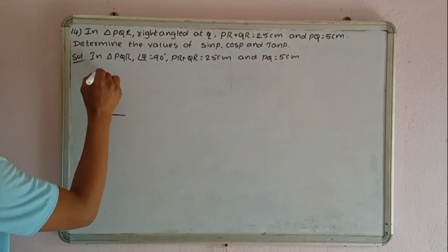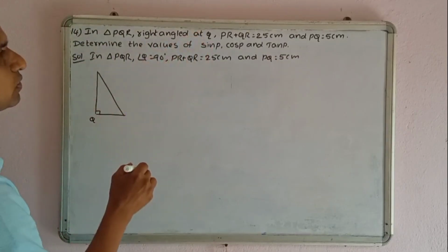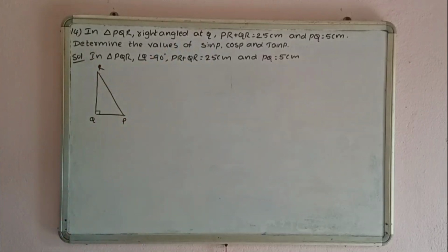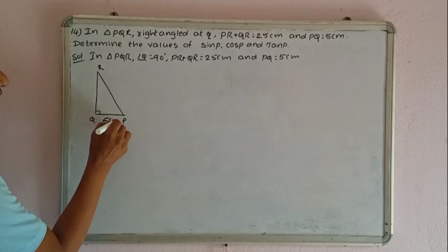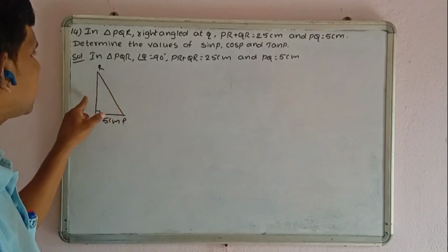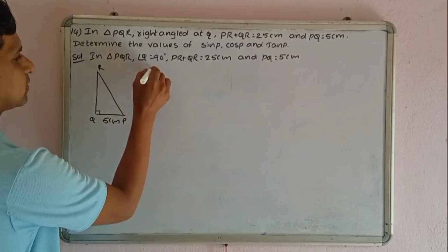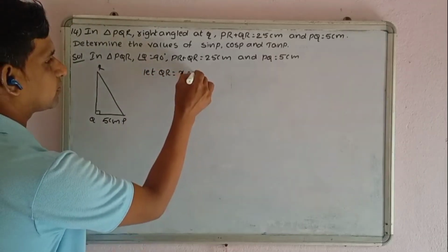See this triangle, PQR with right angle at Q. So PQ equals 5 centimeters. Now PR plus QR equals 25. Let QR equals x centimeters.